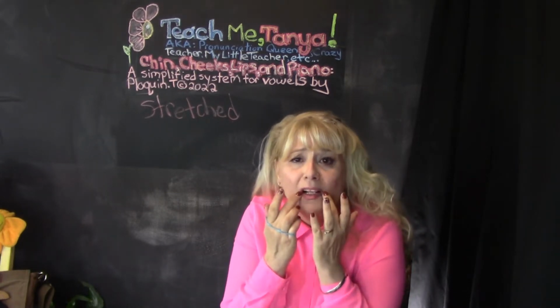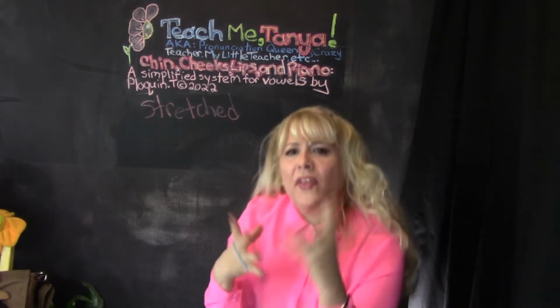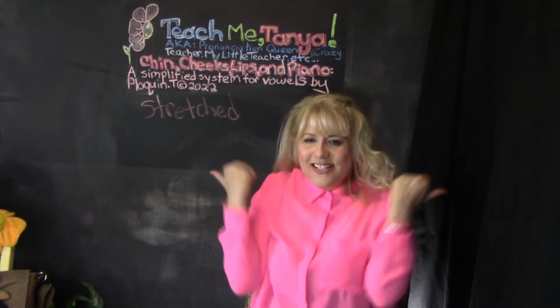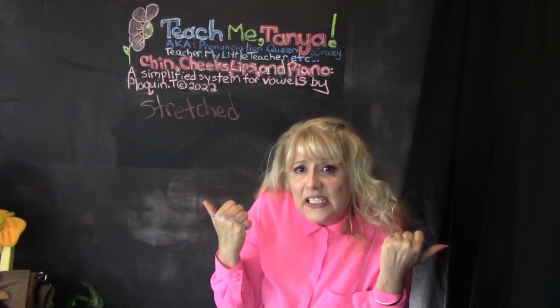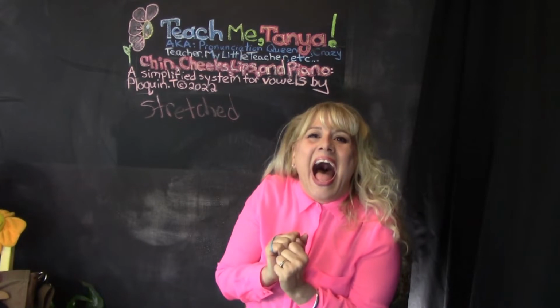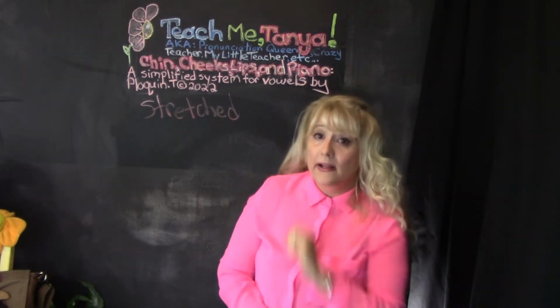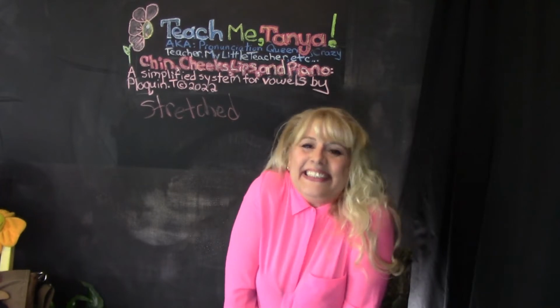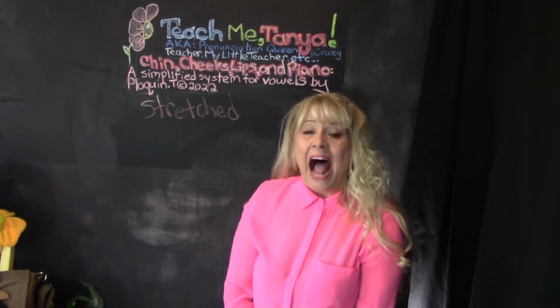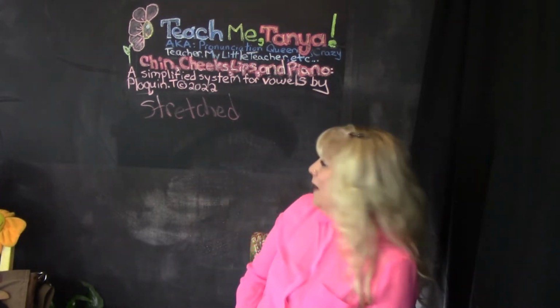Because it feels a little sore there. That's because your lips were stretched, but they weren't stretched side to side. They were stretched down. So stretched. Smiling, e, down, ah. All right.